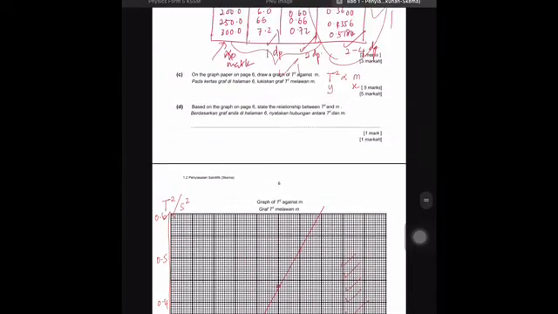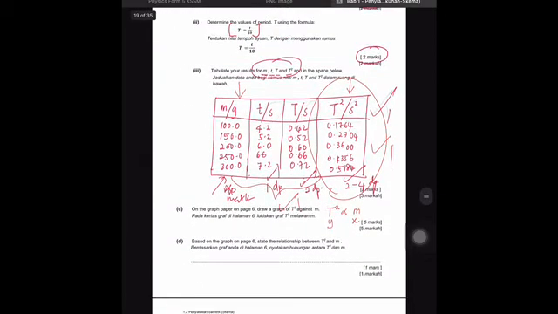Then see, the graph line is going through the 0, right? Based on the graph on page 6, state the relationship between t square and m.